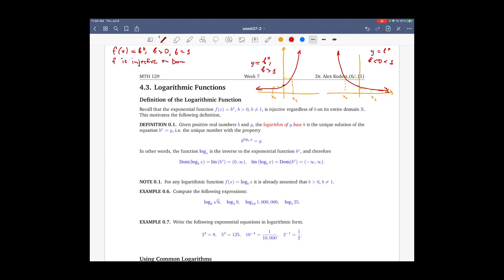F is injective on its entire domain, which is the interval from negative infinity to infinity, or simply R. And again, injective means that x1 not being equal to x2 implies f at x1 is not equal to f at x2.